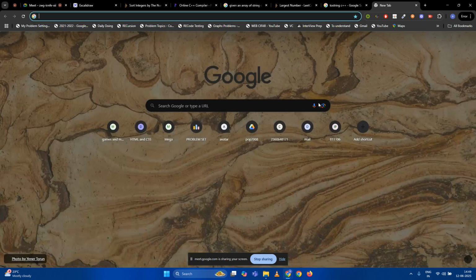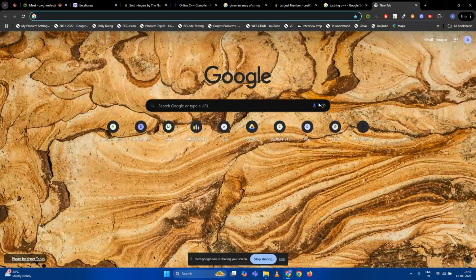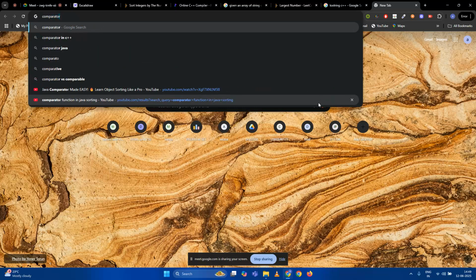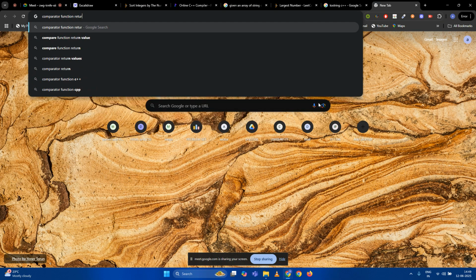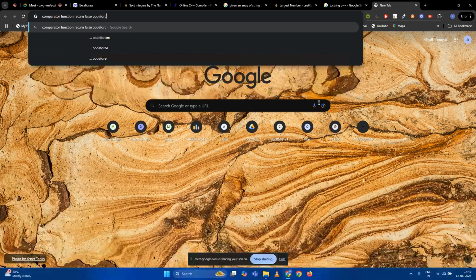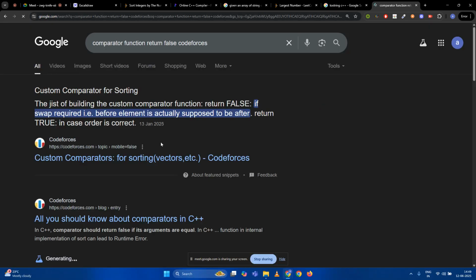If you want to read the proof, I don't know it, but there's a good blog on Codeforces about the comparator function returning false.